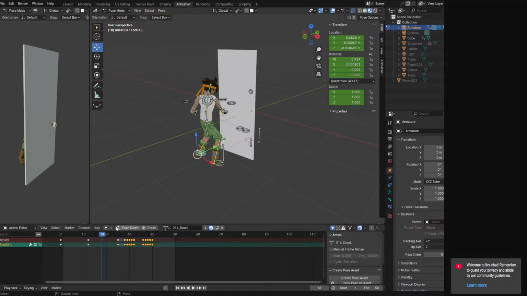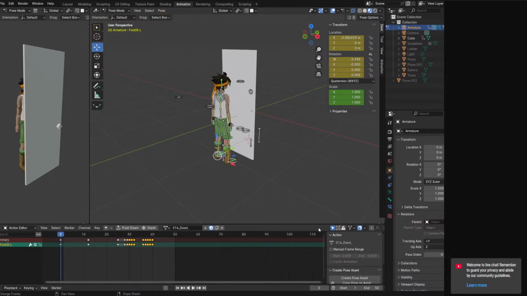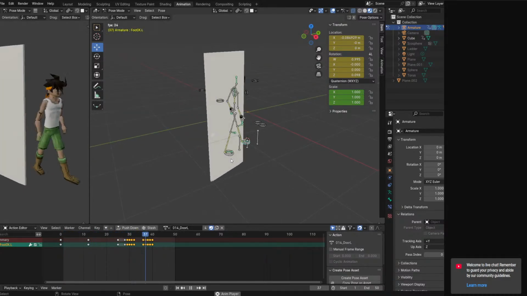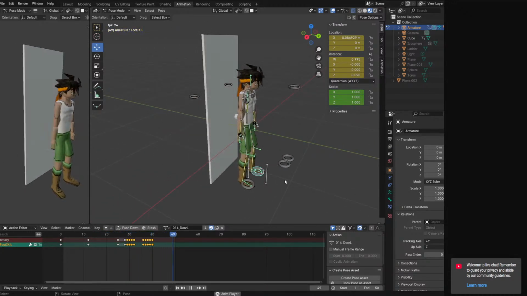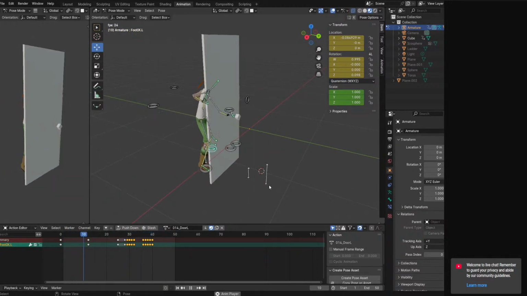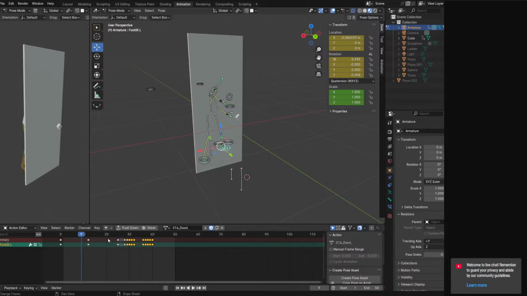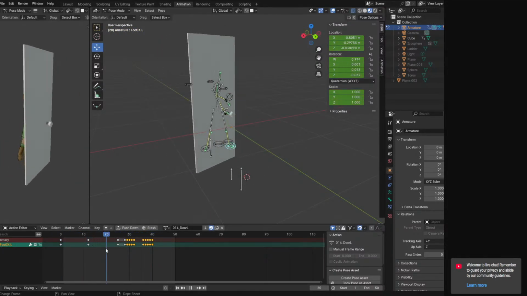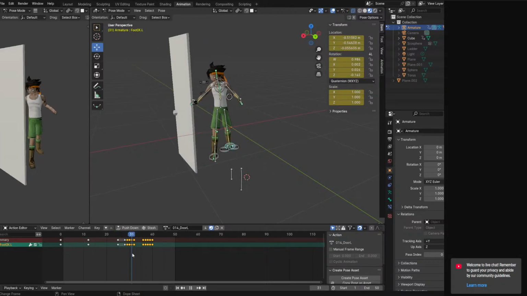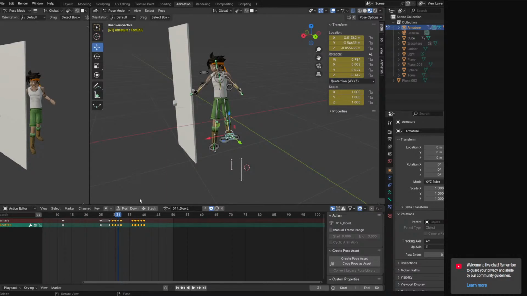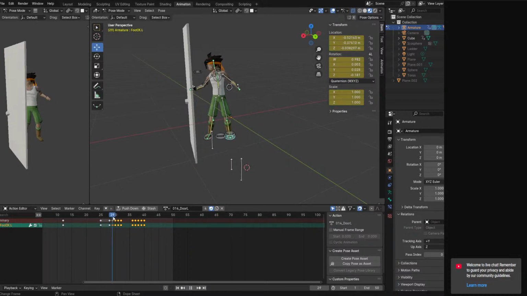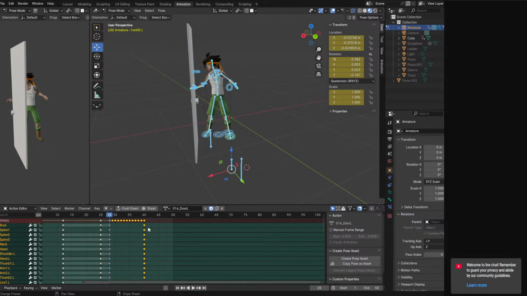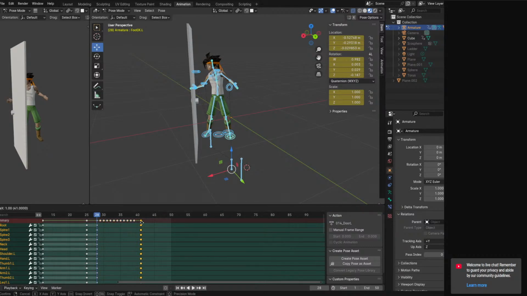Okay, so we got this kind of, well, it's not done yet, but we'll see what it looks like when I play it. Okay, so everything happening after here is happening a little bit fast.